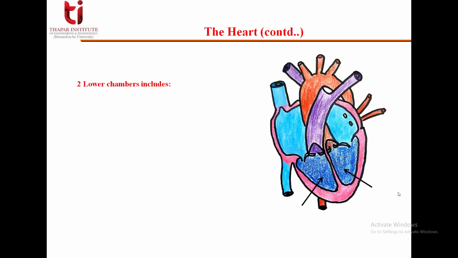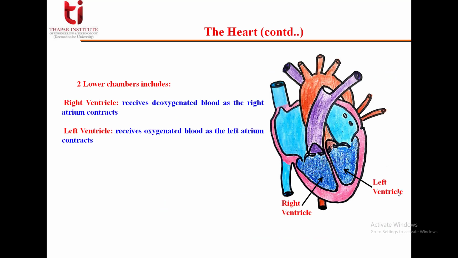Now the 2 lower chambers. The 2 lower chambers include the right ventricle and the left ventricle. The right ventricle receives deoxygenated blood as the right atrium contracts. Whenever the atria contract, the blood moves to the ventricles.